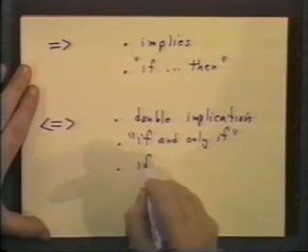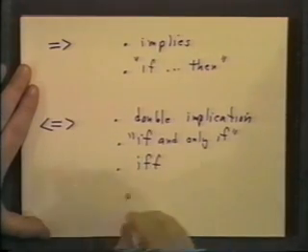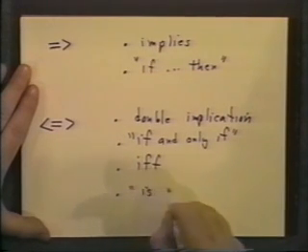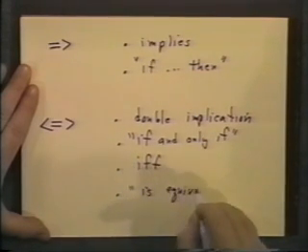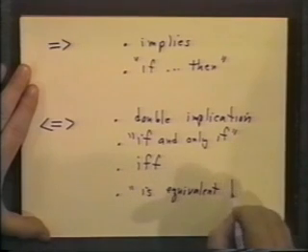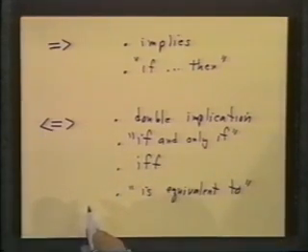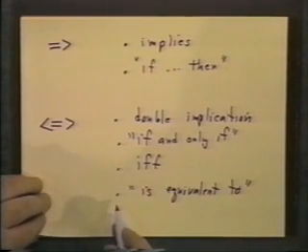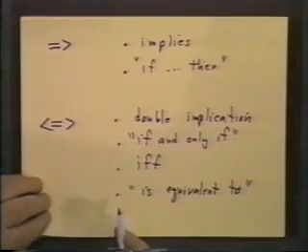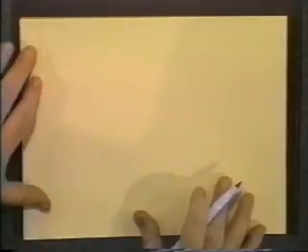There's a symbol for that that's become common, IFF. And you might also say is equivalent to. So this says that two statements are equivalent. Now, in a moment I will show you how these are used in actual statements of mathematics. But let me continue on with my list and say a few words about letter conventions.